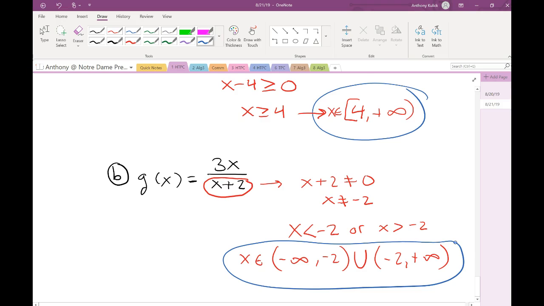Okay, wait, how do you know it's all real numbers? So from the context of this course, the set of numbers that we work with fundamentally is going to be the real numbers. So the implied domain is almost always going to be all real numbers.